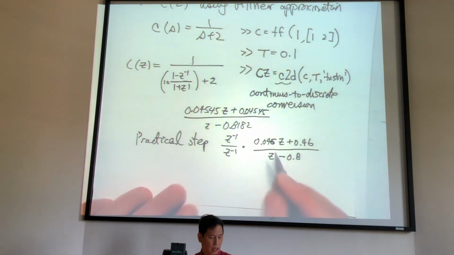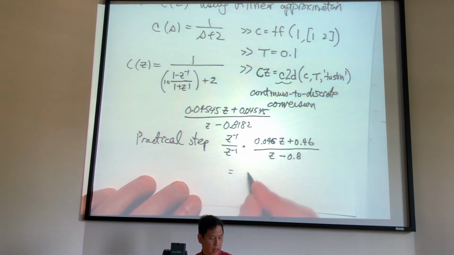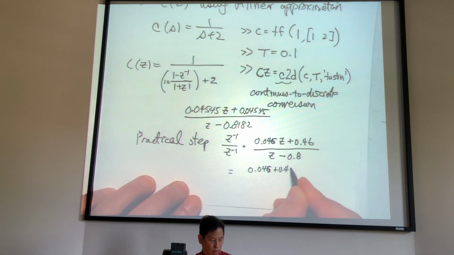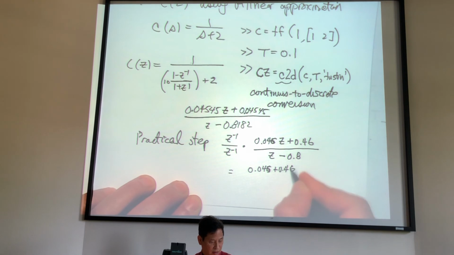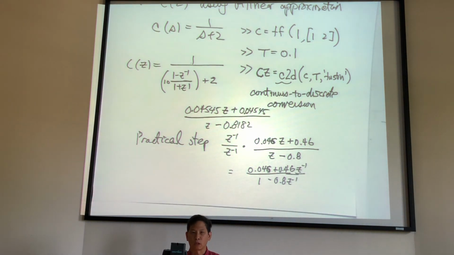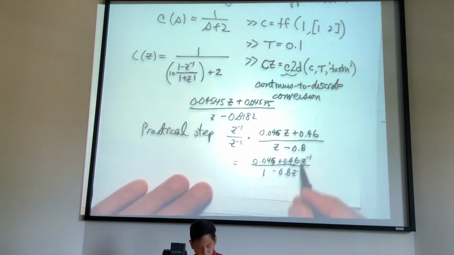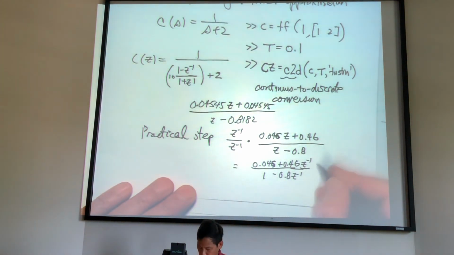Well, I want to get past data, so I multiply top and bottom by Z to the minus 1. I get 0.045 plus 0.46 Z to the minus 1. And 0.045 was actually a better approximation. My round off is not very good today. Okay, now I've got everything in past time. And now I can go through my cross multiply and so on and so forth. Okay? Now we can convert this to a different equation.